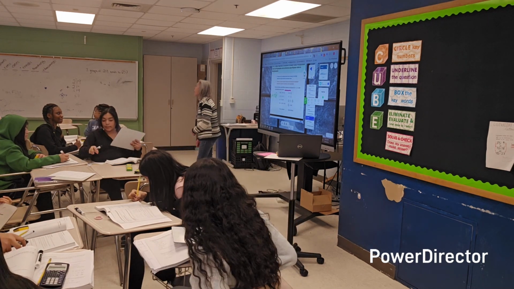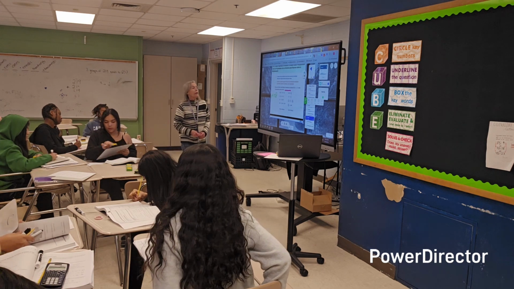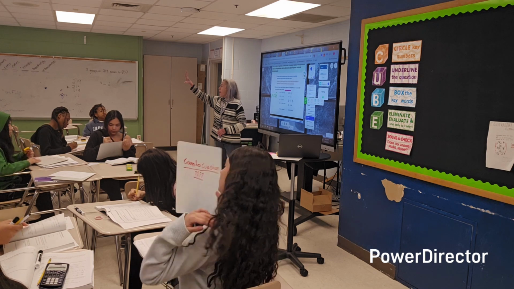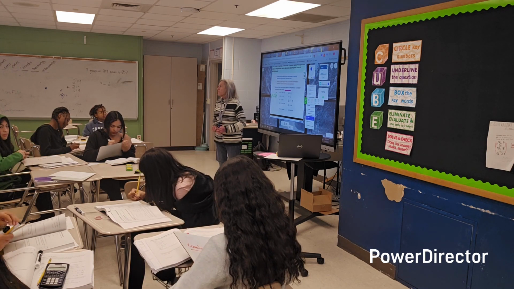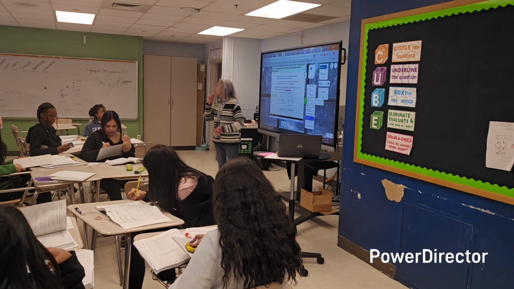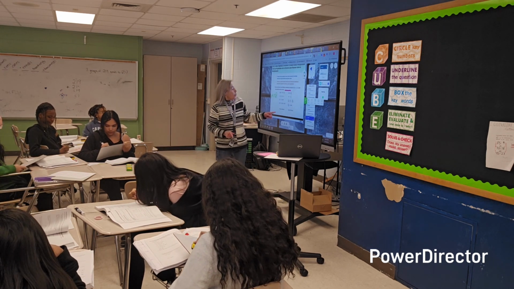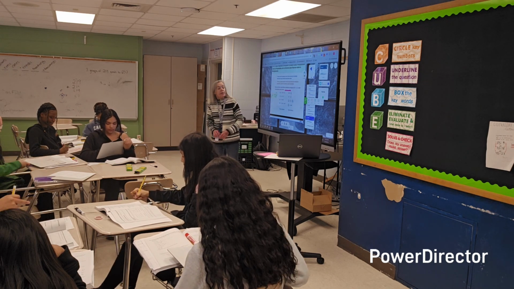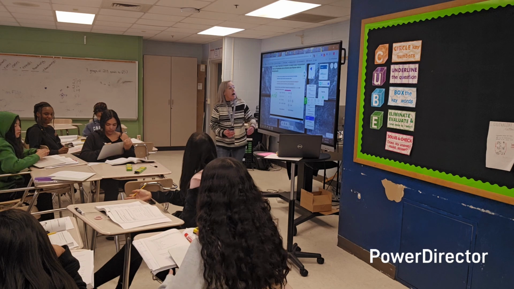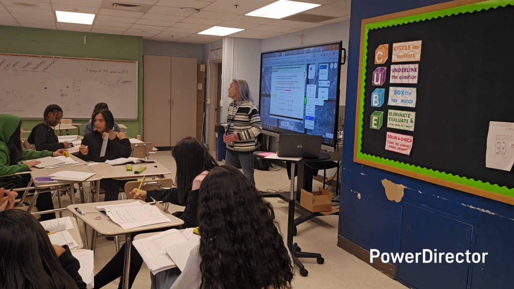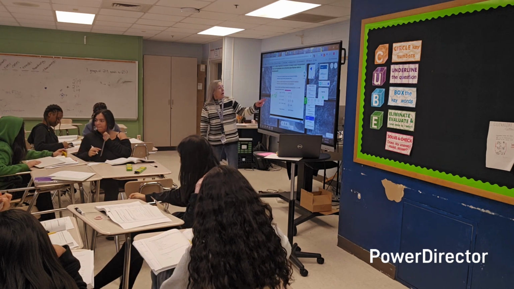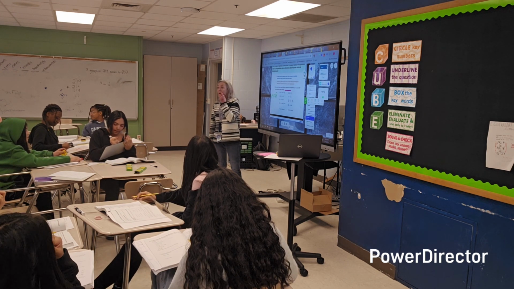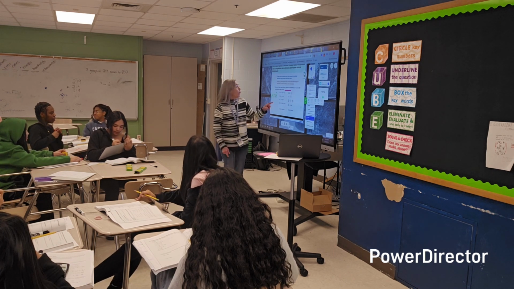All right, so what you're going to do on this page, we have 2 different methods for solving the equation 2300 times 1 5/10. This is Elena's method. This is Noah's method. If we look at this real quick, what did Elena do?